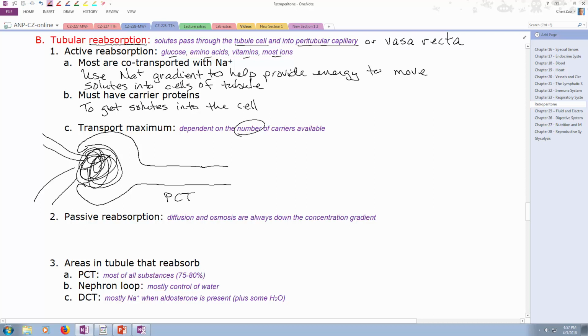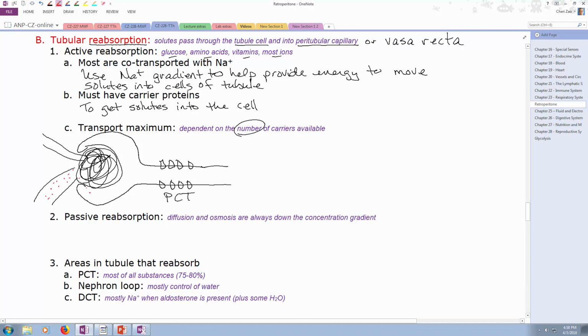And let's put in some glucose carrier proteins. So we have a certain number of glucose carrier proteins. And let's make our little glucose red here.